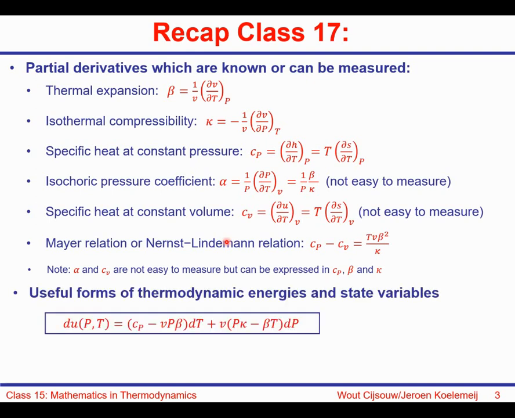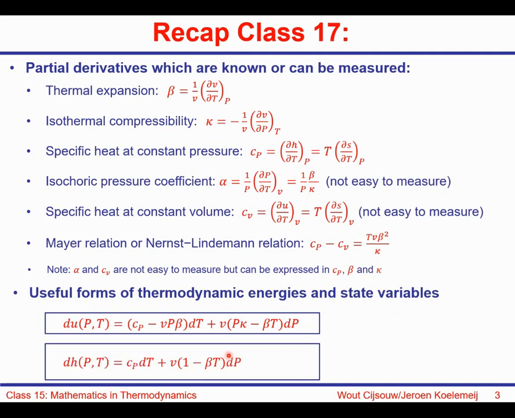And in the end, we also managed to express the thermodynamic energies, for example, the internal energy, in terms of all these measurable or known coefficients. And that can make life very useful, very pleasant, let me put it that way.